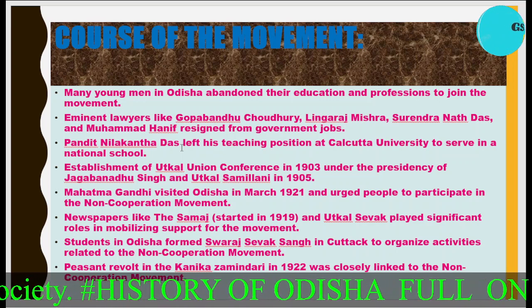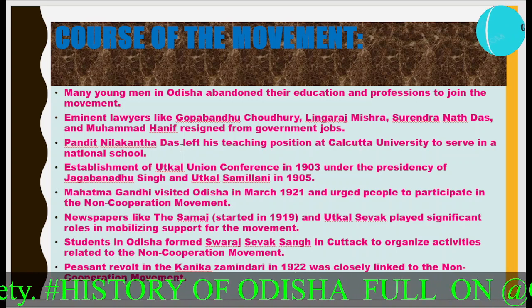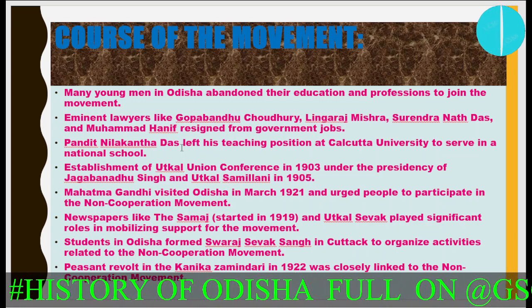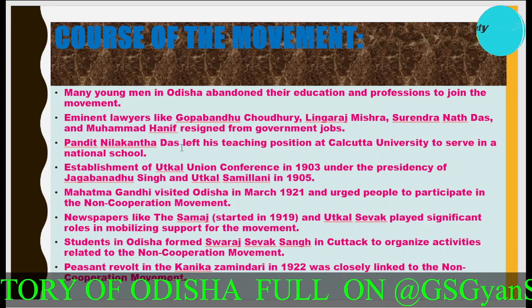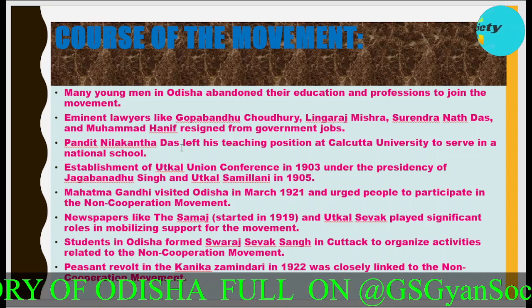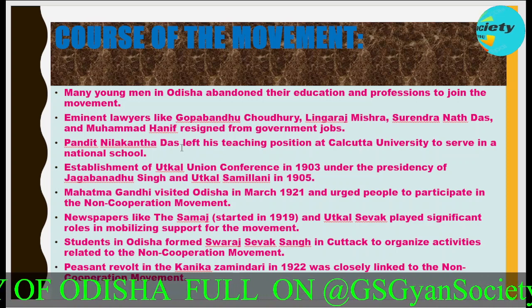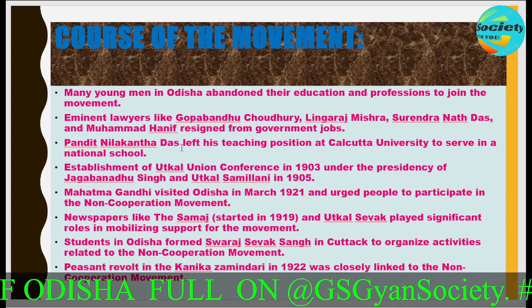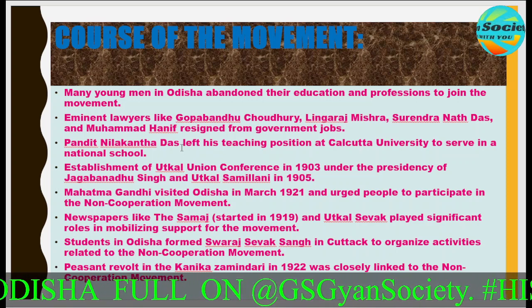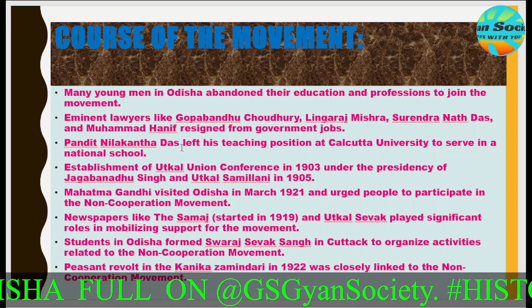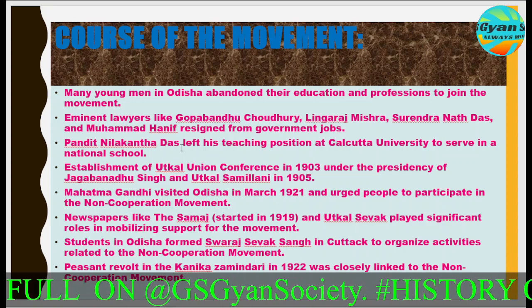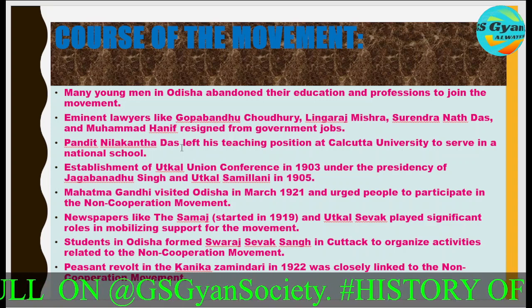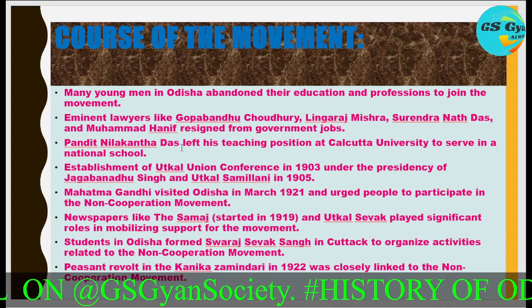So Utkala Sammilani and Utkala Sabha, these two conferences were established. Next, newspapers like Samaja, started in 1919, Utkala Sevaka and Samaja played a significant role in spreading the message and national feeling among the Odia people during this non-cooperation movement. It also helped to spread the leaders' message to the popular masses.